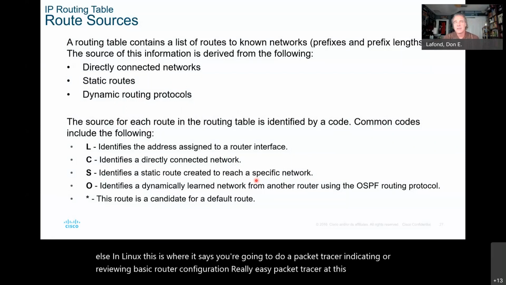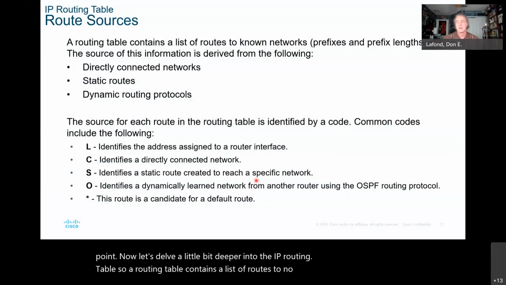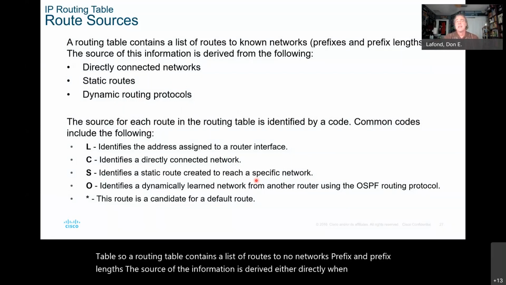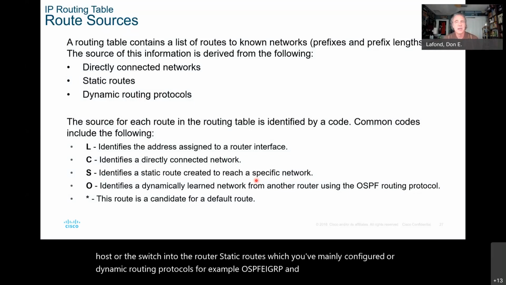The source of the information is derived either directly when you connect a host or the switch into the router, static routes, which you've manually configured, or dynamic routing protocols, for example, OSPF, EIGRP, and RIP. The source for each route in the routing table is identified by a code.